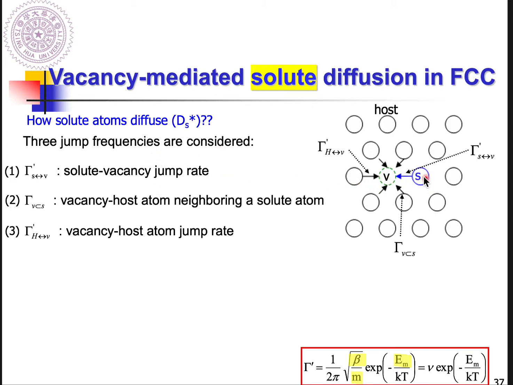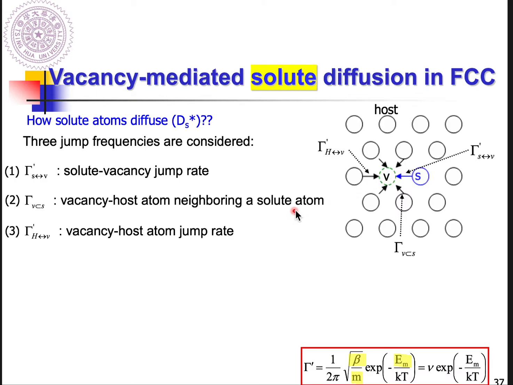The first jump rate you need to consider is the solute atom jumping into the vacancy site. We use gamma prime SV, with these double arrows, to represent the jump rate of the solute atom jumping into the vacancy site.